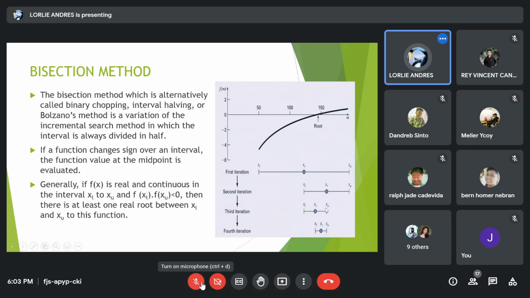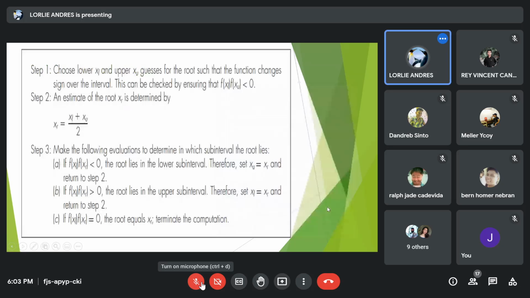So para makuha nato ang value ni x sub L or ni x sub U, mo ni siya karon ang ato ang i-follow na condition. So ano siya?